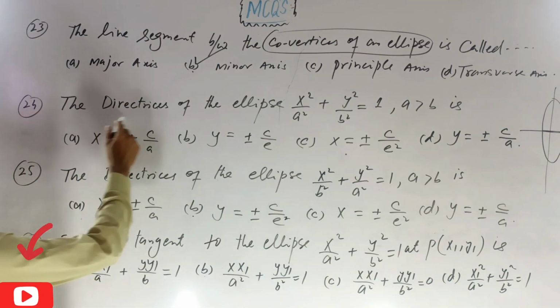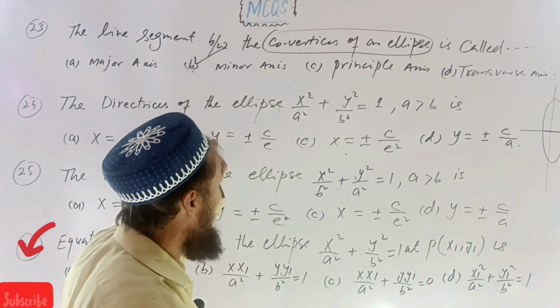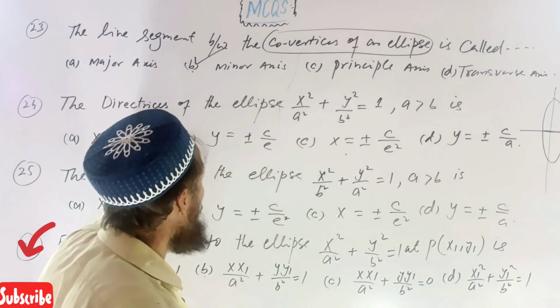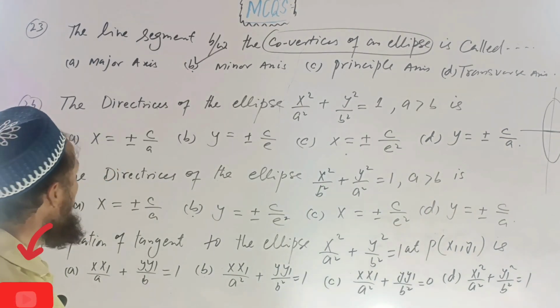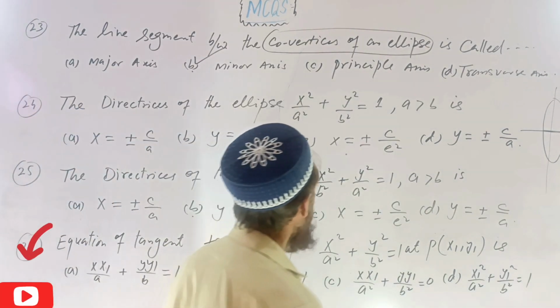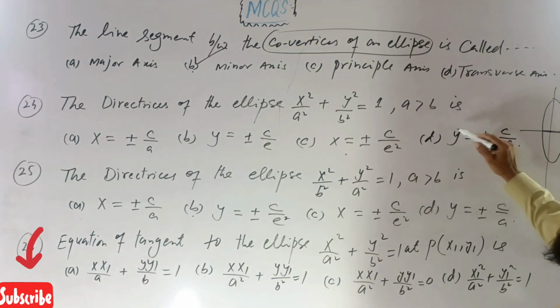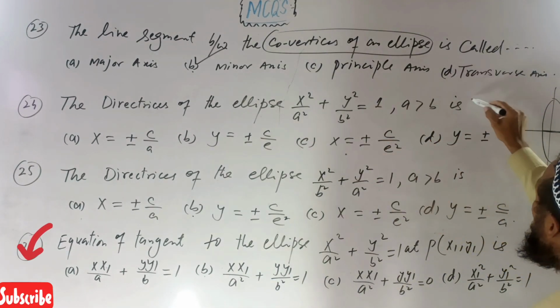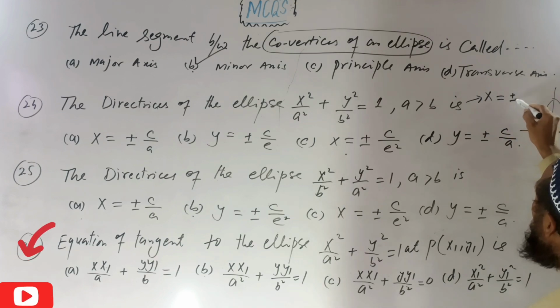The directrix of the ellipse x square by a square plus y square by b square, A is greater than B. So what is the result here? As we know, the directrix is x equal to plus minus a divided by e.